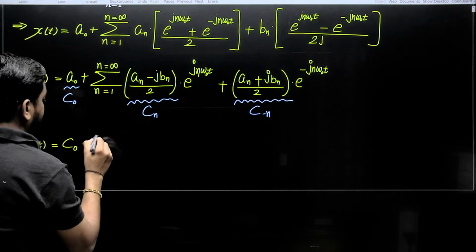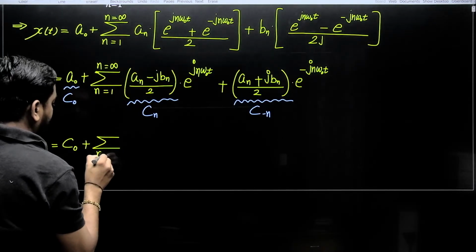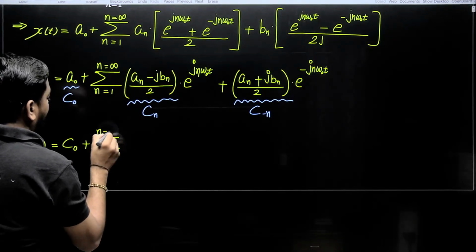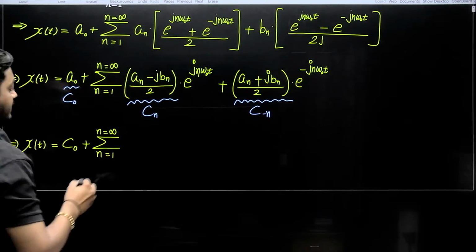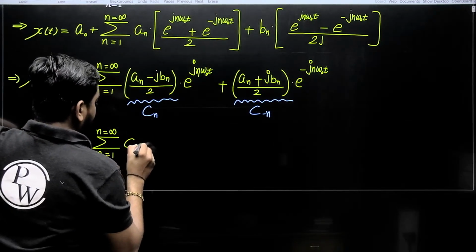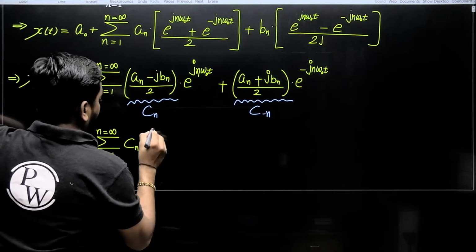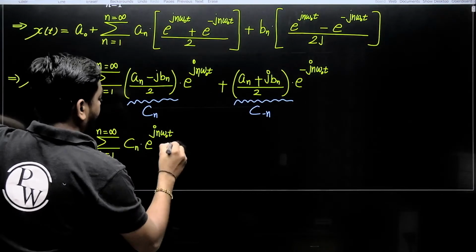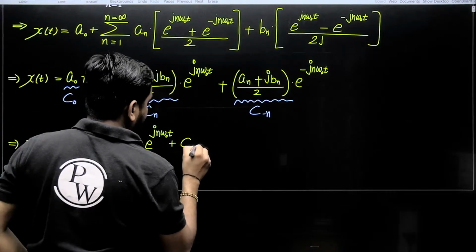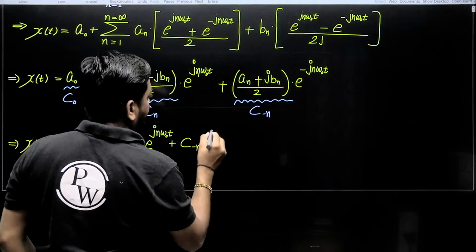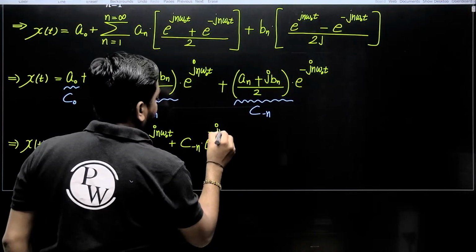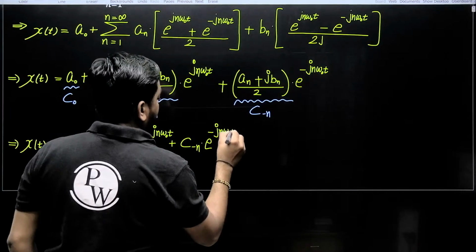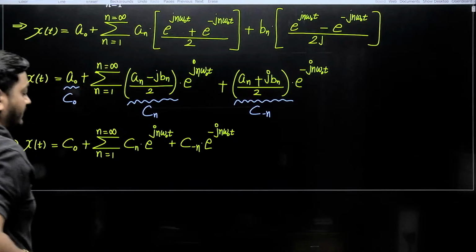C0 plus summation n is from 1 to infinite Cn e power j n omega 0 t plus C minus n e power minus j n omega 0 t, correct.